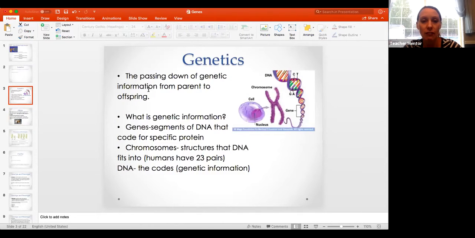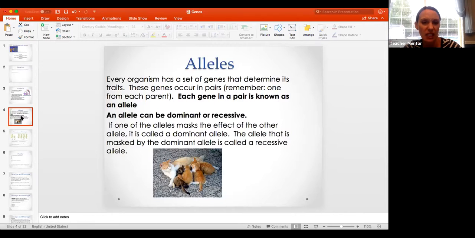We talked about genetic information, the passing down from parent to offspring. We talked about where it's at. Now let's get to specifics here. Well, how does it make us who we are? And that's what these alleles are. So every organism has a set of genes that determine its traits. And like we said, these genes come in pairs because you have to remember you come from a male and a female, one from each parent.